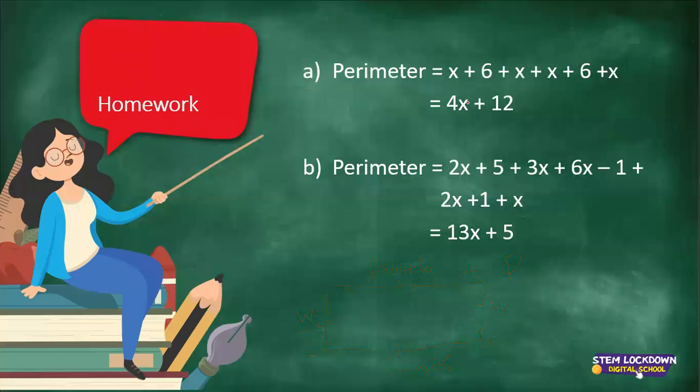So you can see this is the length, plus the width, this is the length again, plus the width. Now add the like terms together. 1x plus 1x plus 1x plus 1x is 4x, plus 12, so that is your answer. Obviously, 12 comes from adding 6 plus 6. So that is the first one.